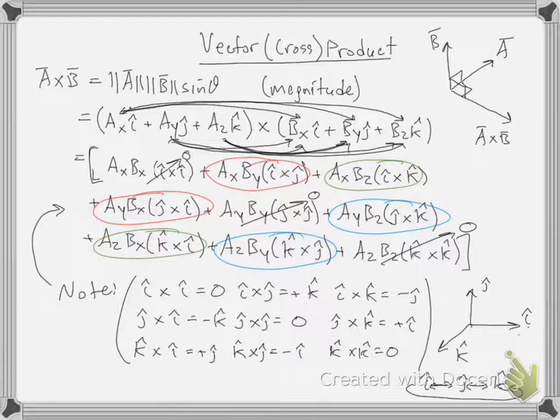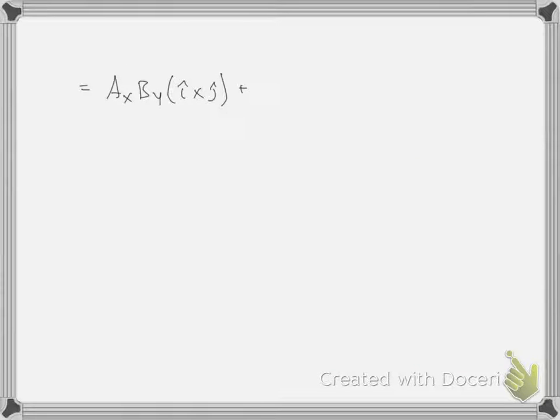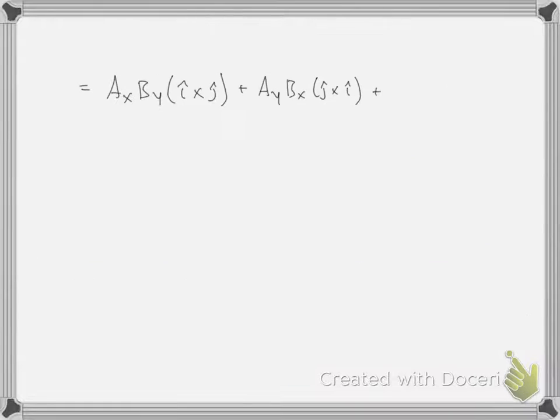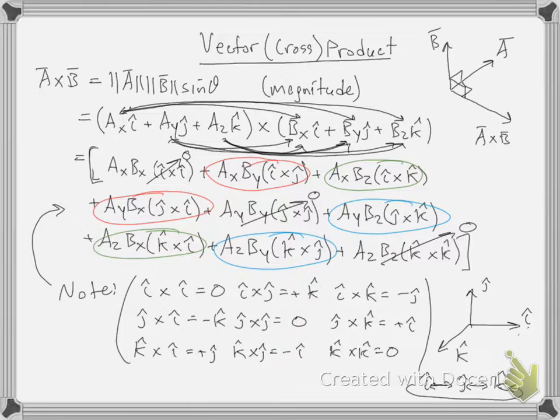AXBY and then AYBX, j cross i. Back to this term. We have AYBZ, j cross k. And what was the other blue one?